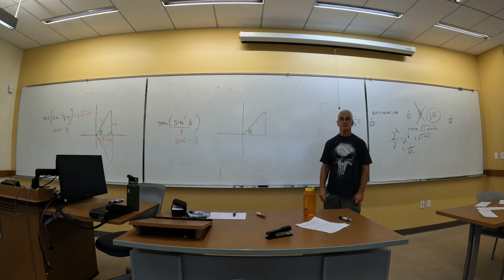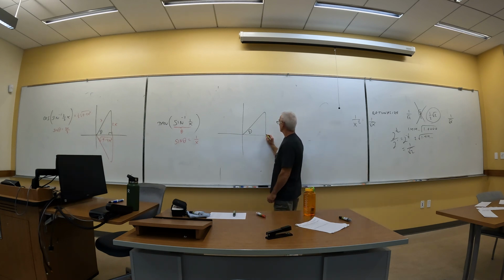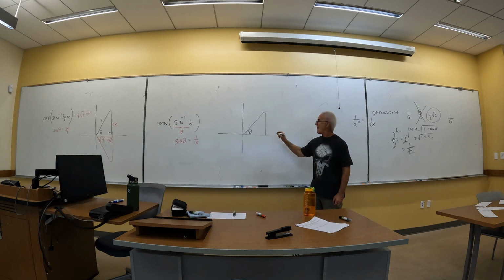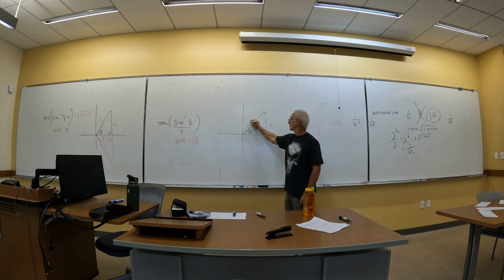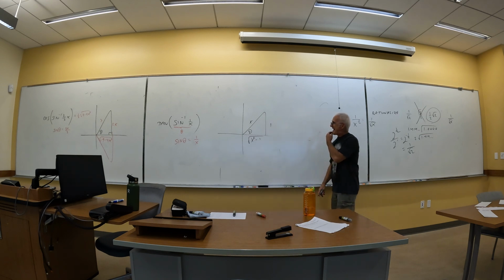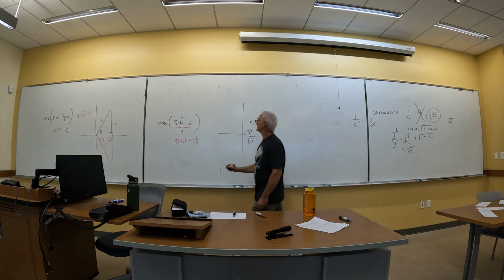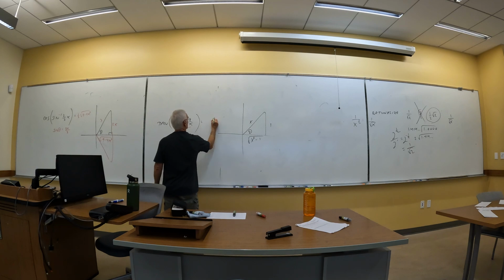So tangent will be 1 over, well, let's fill the picture first. What goes where? Vertical is 1, hypotenuse is x, the bottom is root x squared minus 1, and then tangent would be 1 over root x squared minus 1.